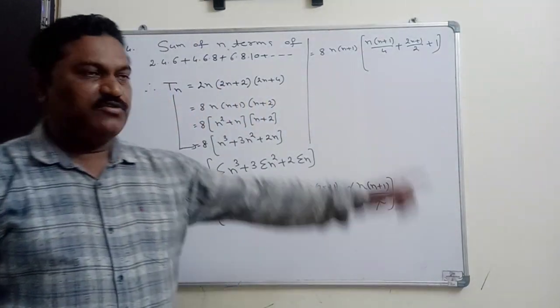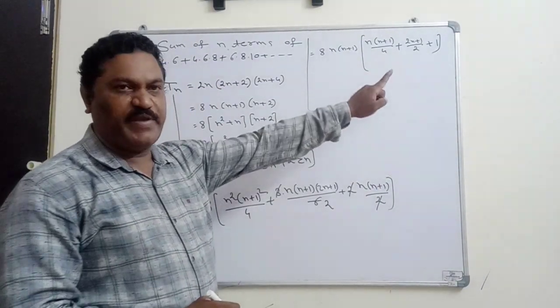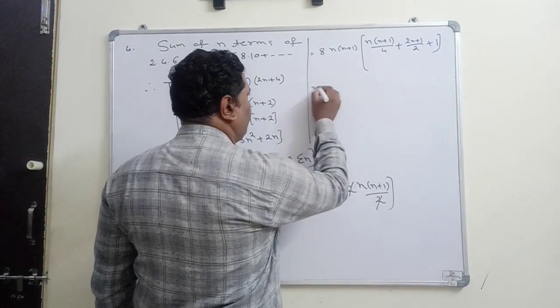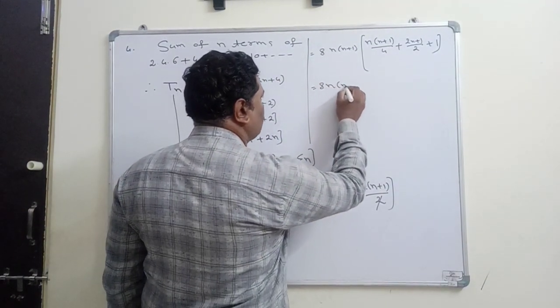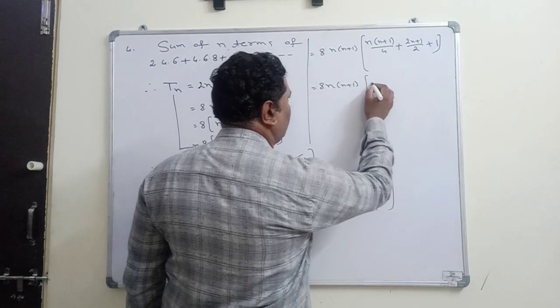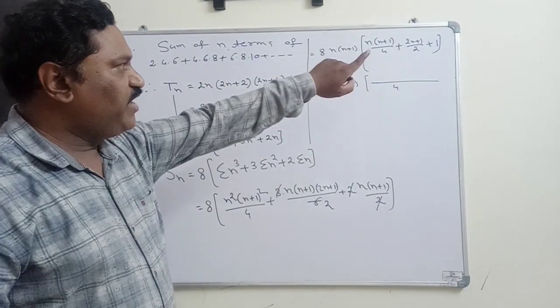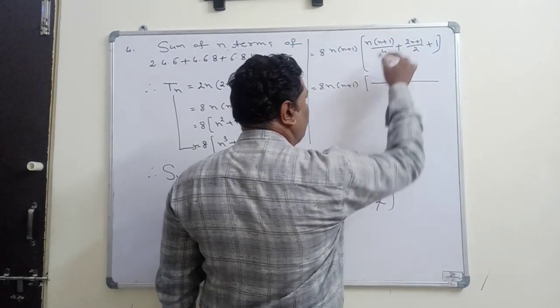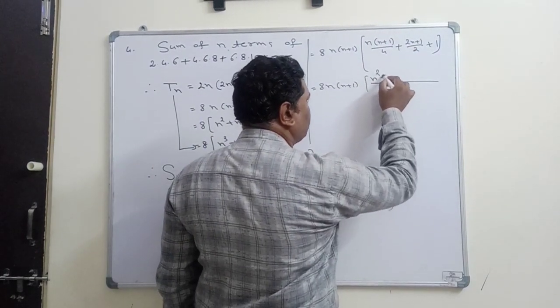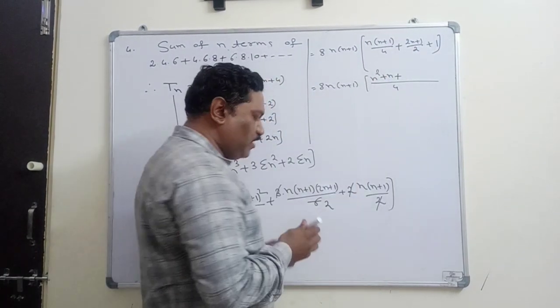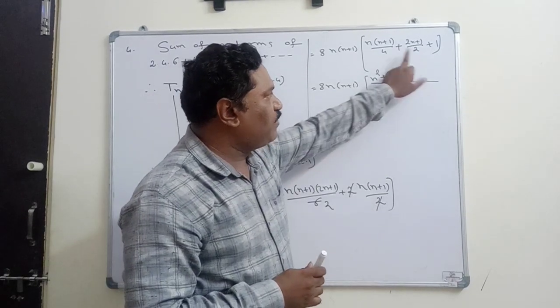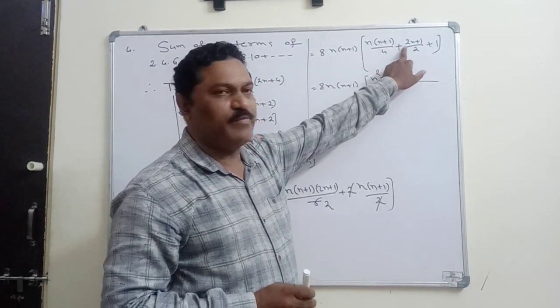Okay. Again we have to simplify the terms which are within the bracket now. That is 8 into n into n plus 1 into, here the LCM is 4. The numerator, if you simplify it, is n square plus n, plus, here in the denominator 2 only is there but the LCM is 4, so you have to multiply by 2.